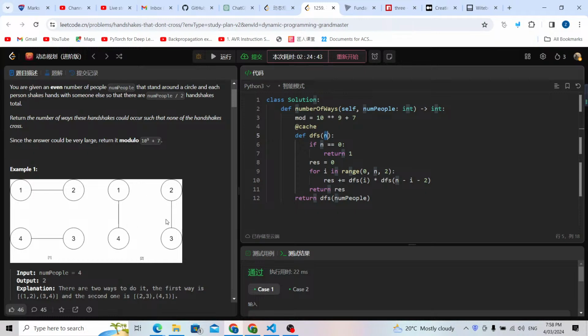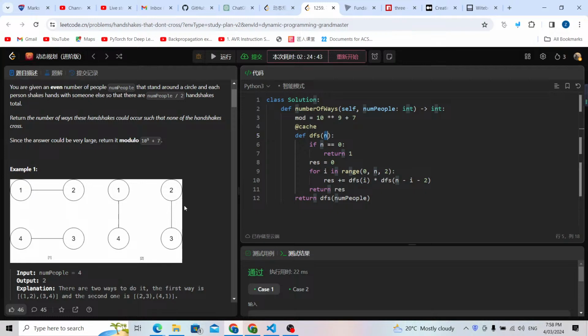What about 4 people? If there are 4 people, i should be 0 and 2. If i equals 0, the result should plus equal to DFS 0 times DFS of 4 minus 0 minus 2, which is DFS 2.